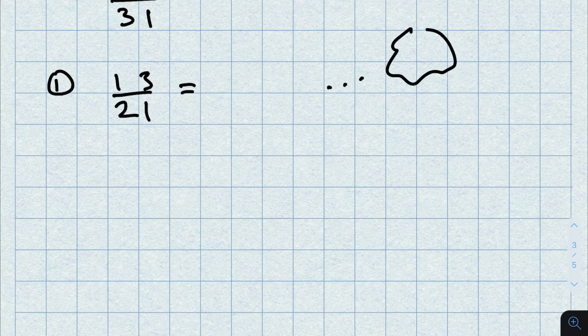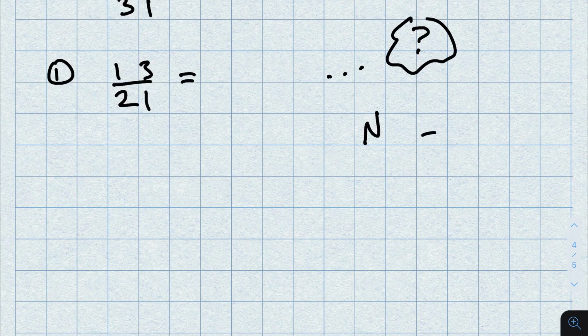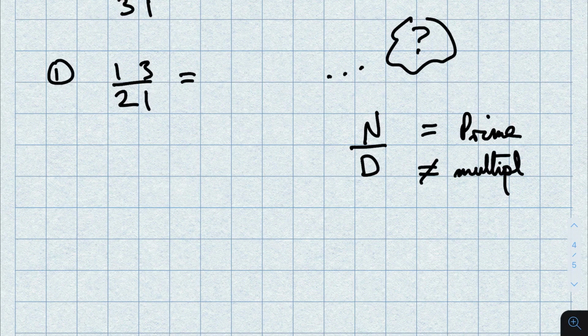Why doesn't method 1 work here? Well, you may have noticed that the numerator is a prime number, the numerator being the top number, of course, and the denominator is not a multiple of the numerator. So we're in a bit of a tricky situation that we can't make that fraction any simpler.